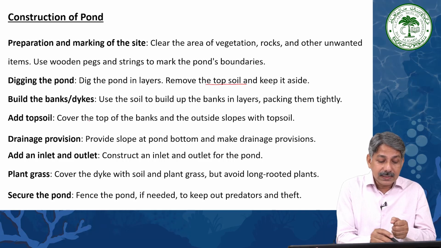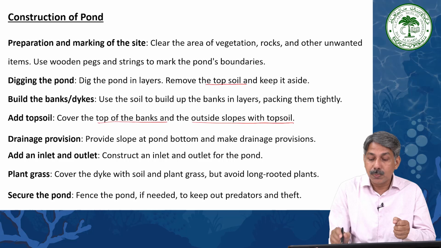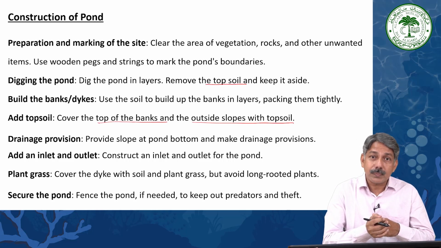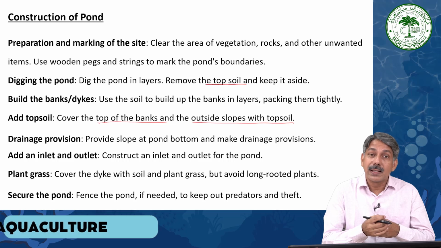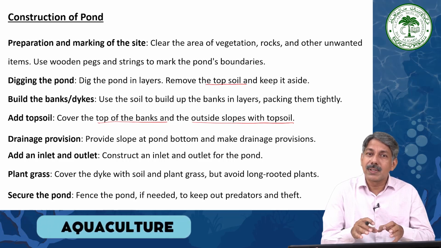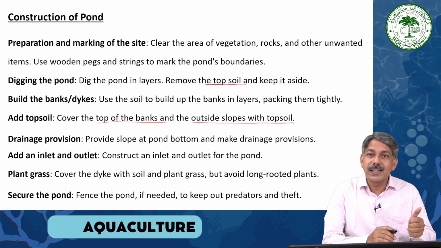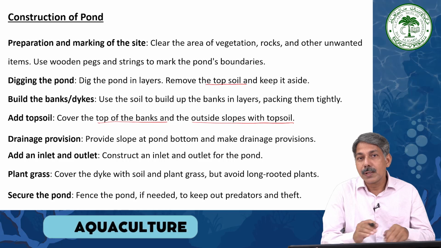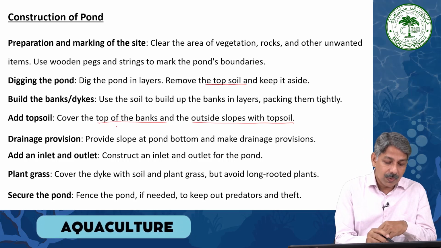Now, when dikes are completed, then add topsoil on the top of the banks as well as the outside slope, because the topsoil which you have kept aside is the fertile one, and that has the capability to grow vegetation, grasses or other small vegetation, and they will provide strength to the outside of the dike as well as the top portion of the dike. So that is one of the important things.